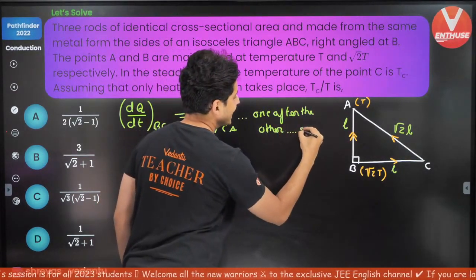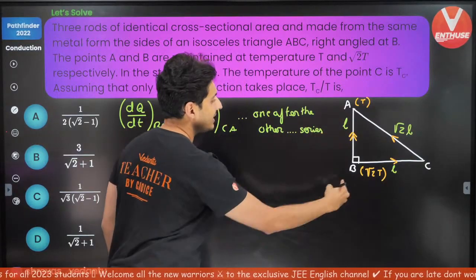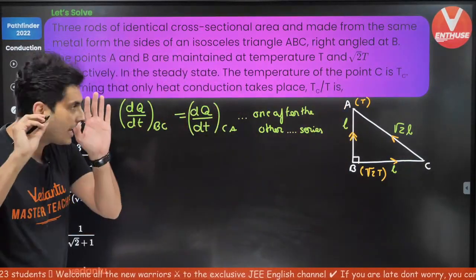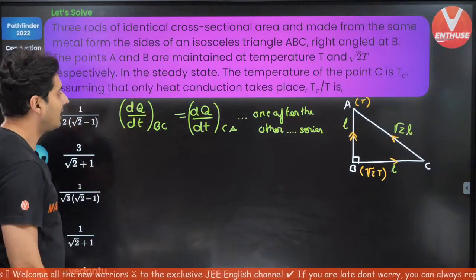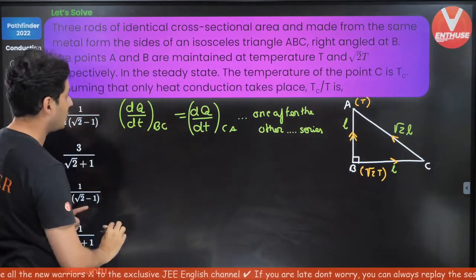Basically, they are in series. Do you see that? They are in series, one after the other. Hence, now if I write the dQ by dt expression, let's see what you get.